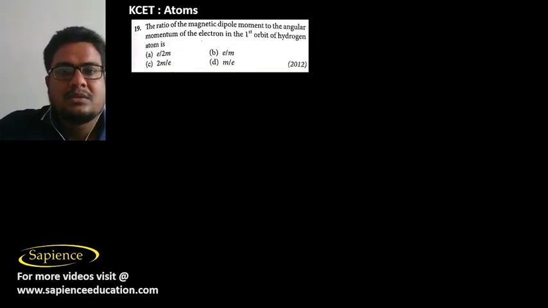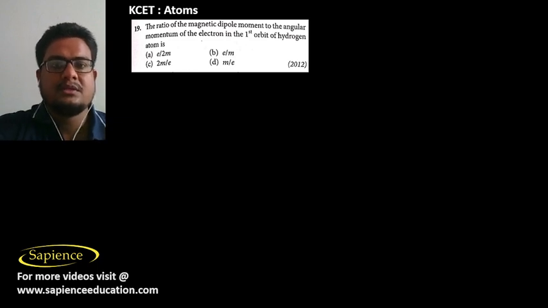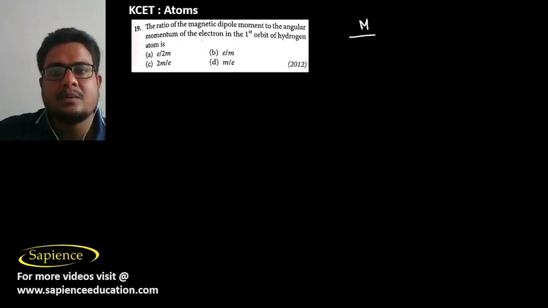In question number 19, it is told the ratio of the magnetic dipole moment m to the angular momentum of the electron in the first orbit of the hydrogen atom. So the magnetic dipole moment is given as the electric current into the area.